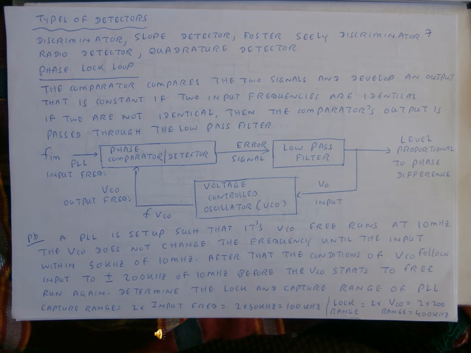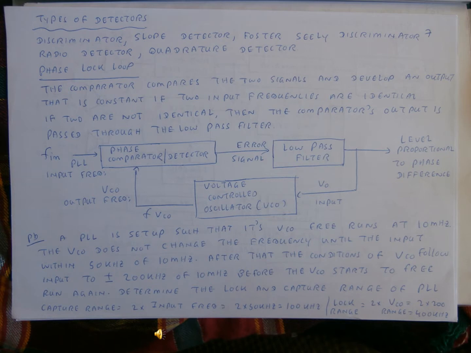If the two are not identical, then the comparator output is passed through the low pass filter. In the diagram you can see the phase comparator or detector. The two frequencies are Fin and FVCO. Fin is the input frequency, and VCO is the output frequency.